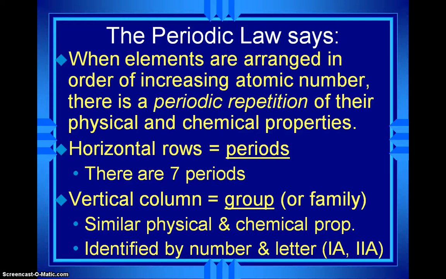Elements in the same column share similar physical and chemical properties, and we give them numbers as well. There is a system of numbering in which we have groups 1A, 2A, 3A, all the way through 8A, and then we have 3B, which are all the transition metals.